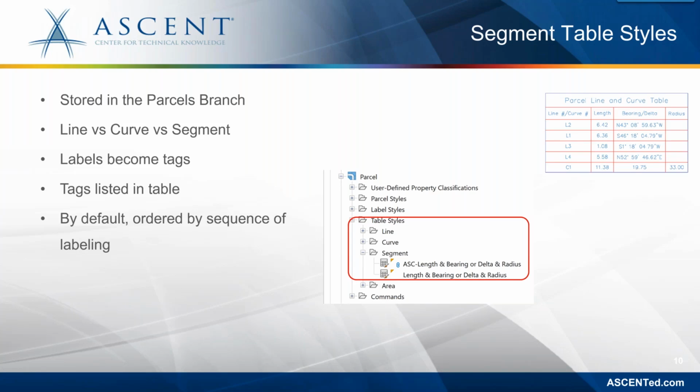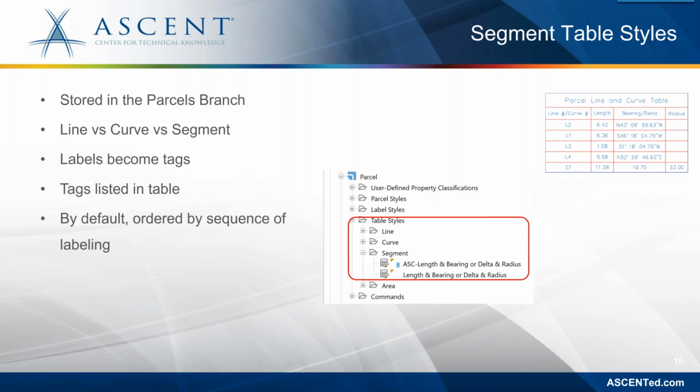And basically what a segment is, it will combine the line and the curve together in one table. The tags are listed in the table, and that particular row identified by that tag will have the length and the bearing and the radius if it's a curve.